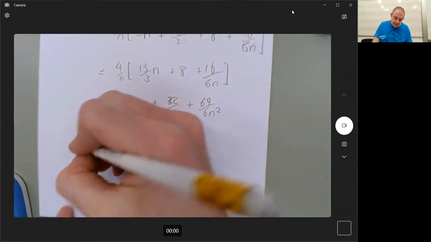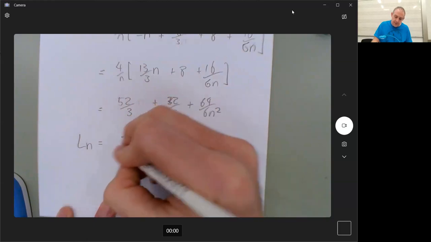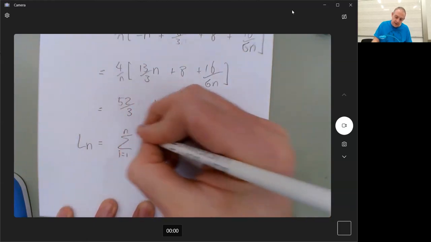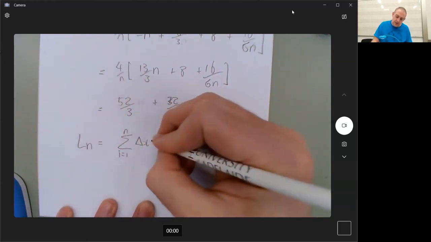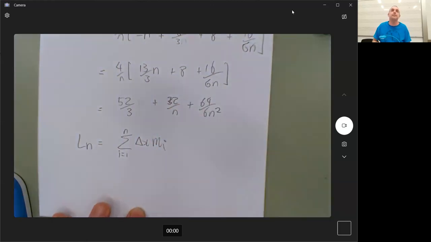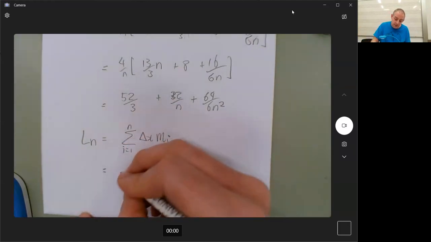Ready. Ln is the sum from i equals 1 to n of delta x times little mi. I'm just pointing out that if this function had been a decreasing function, I would have found Ln first, because it would have been the one with the xi and not the xi minus 1.